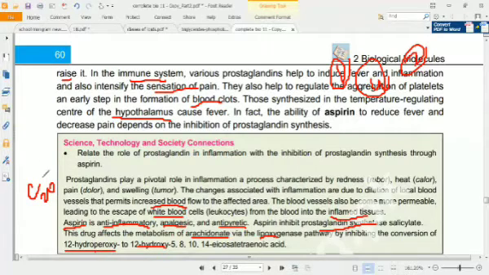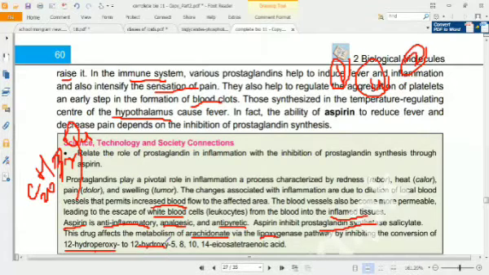C20H32O4. This is 12 hydroperoxy 5 8 10 14 eicosapentaenoic acid. But when one oxygen is removed from it, it becomes C20H32O3, that is 12 hydroxy.